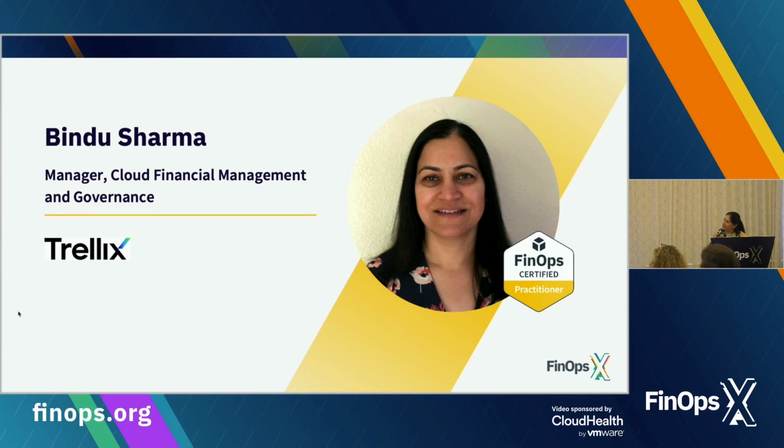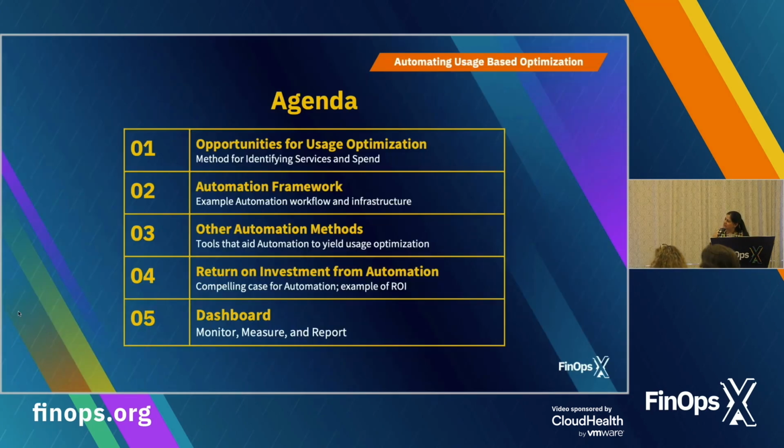A quick look at the agenda. I'll walk through the areas, the services and the spend, that we can utilize for automation. A quick and a detailed overview of the automation framework that is deployed in FireEye, and that is the custom automation.